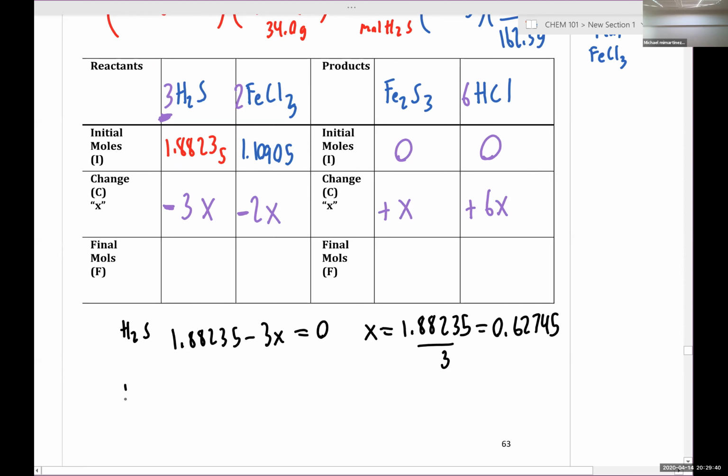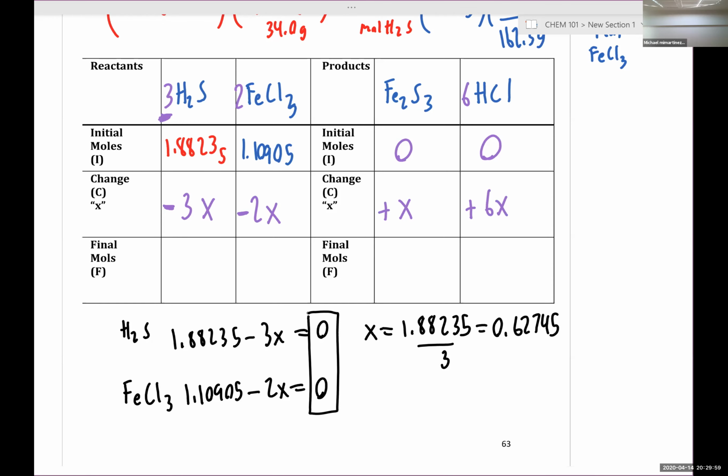We're going to do the same calculation for iron 3 chloride. So we have 1.10905 moles minus 2x is equal to 0. We set these equal to 0 because one of our reactants is limiting. And when we completely use up one of our reactants, we will have none of it remaining.